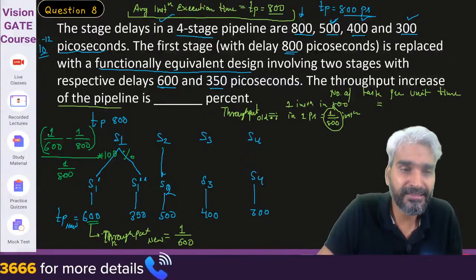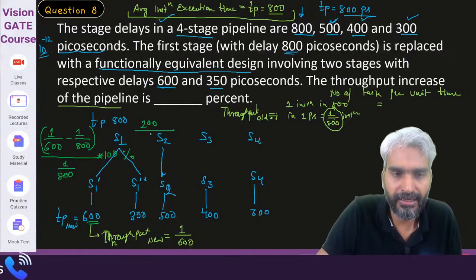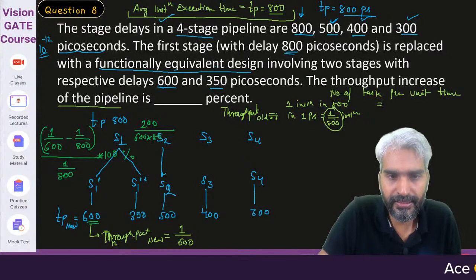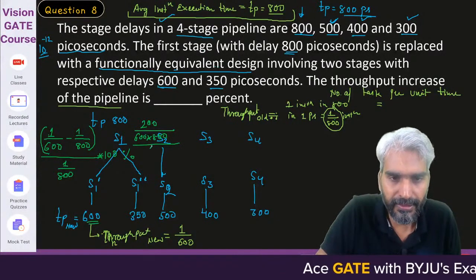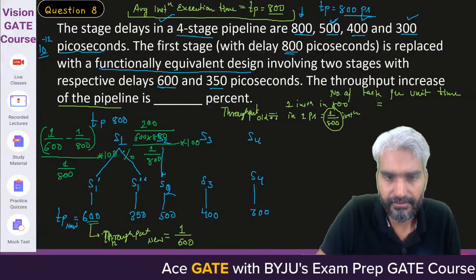So what will it be? (1/600 minus 1/800), which is (800 minus 600) divided by (600 into 800), which is 200 over 600 into 800, divided by 1 upon 800, into 100%.